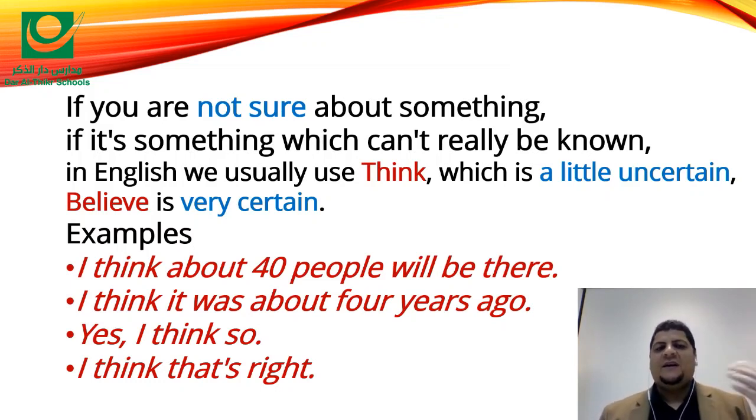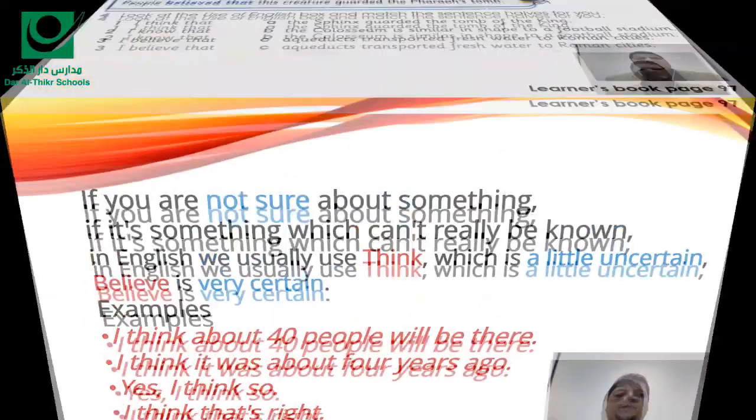For example, you say, I think about 40 people will be there. I think about 50 people will come. I think it was about 4 years ago. Yes, I think so. No, I don't think so. I think that's right. I don't think that. Okay, so you think this way.